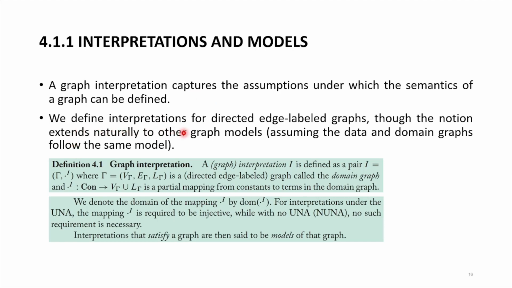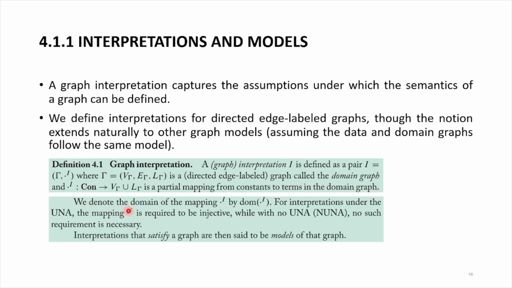We define interpretations for directed edge-labeled graphs, though the notion extends naturally to other graph models, assuming the data and domain graph follow the same model. The definition of graph interpretation: a graph interpretation I is defined as a pair I equals gamma and this symbol, where gamma is a directed edge-labeled graph called the domain graph, and this symbol is a partial mapping from constants to terms in the domain graph.